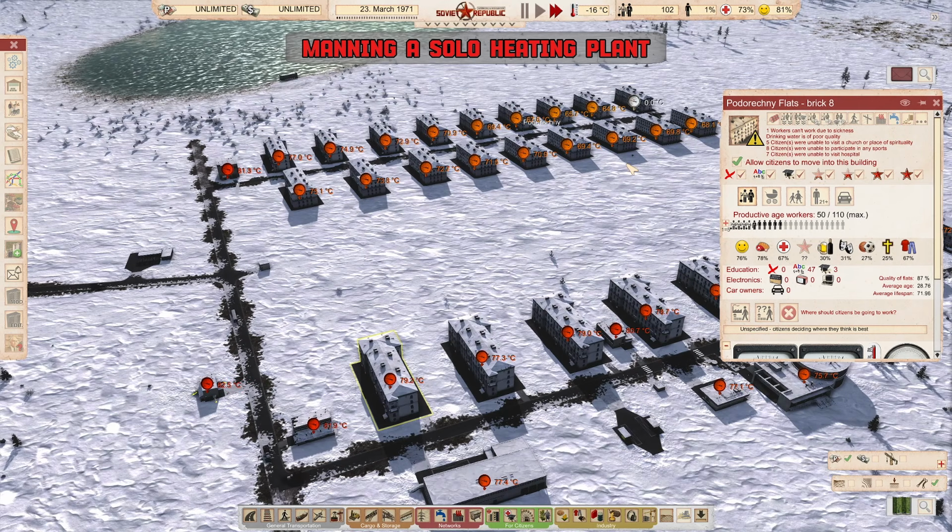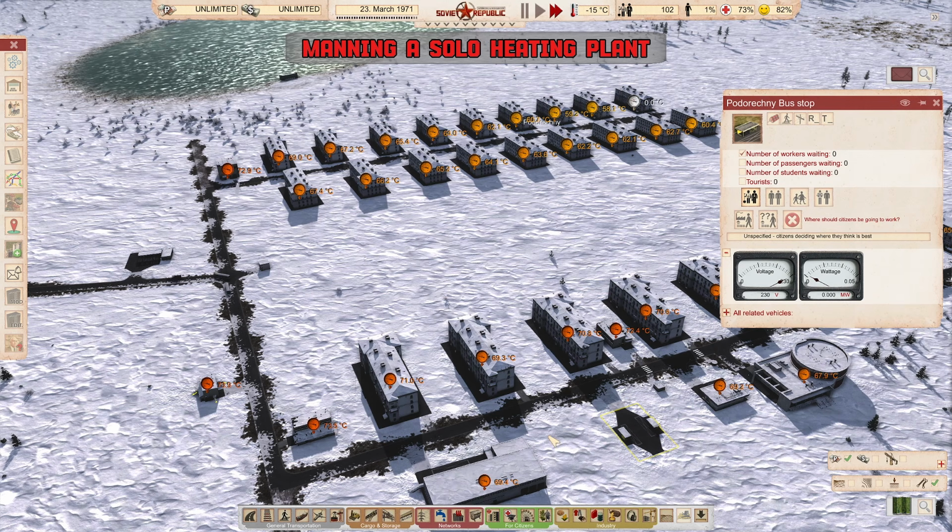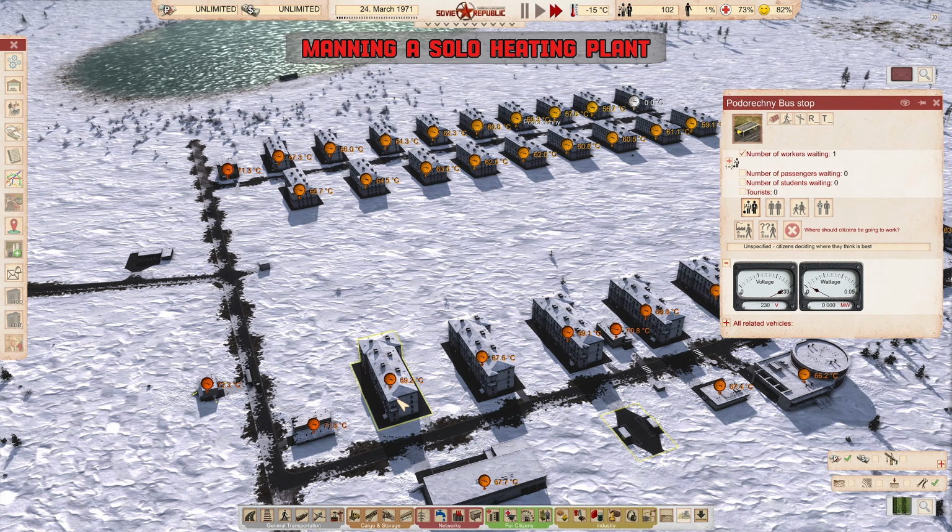What you can do is have a flat over here, and you can add the buildings where the workers from this flat can go. So I'll force all of the workers from this specific flat to go and work directly at the bus stop. So what will happen is everyone that is able to work will go and populate the bus stop. As you can see already, this is happening.